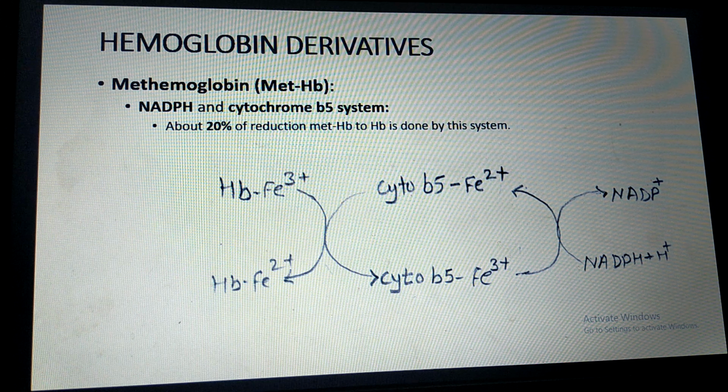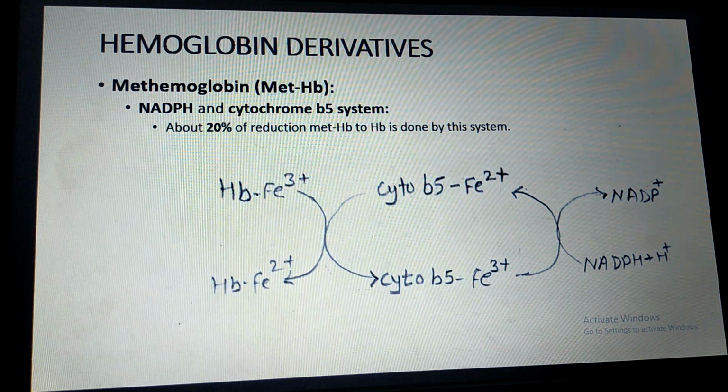In the previous case the coenzyme NADH is responsible for conversion of the ferric form of iron in cytochrome B5 to ferrous form. Here instead of NADH, NADPH is the coenzyme.